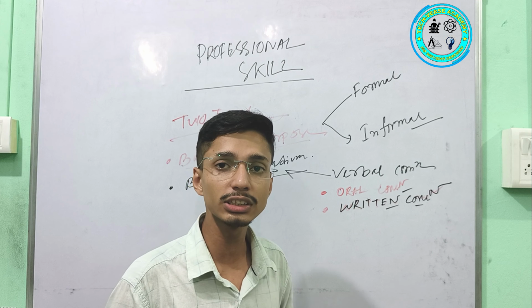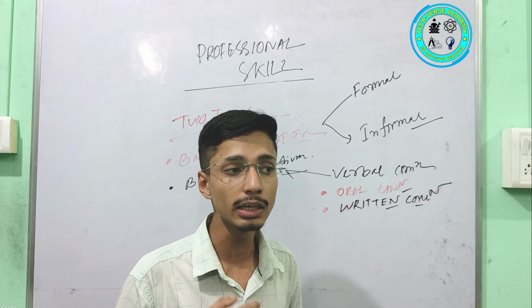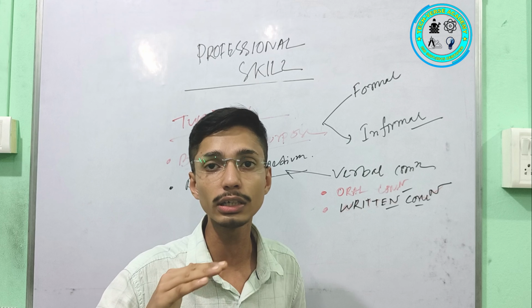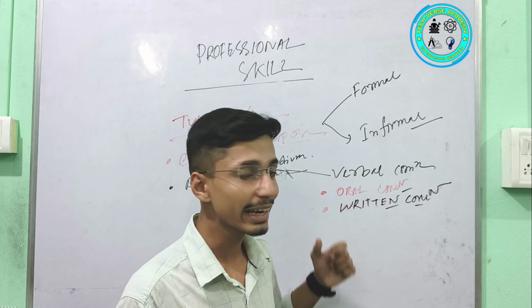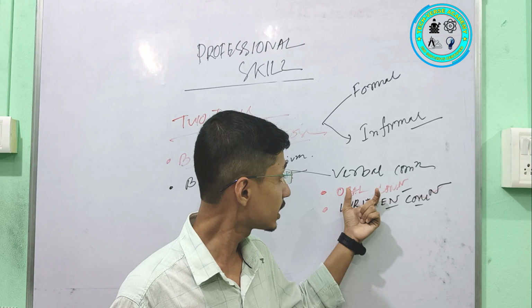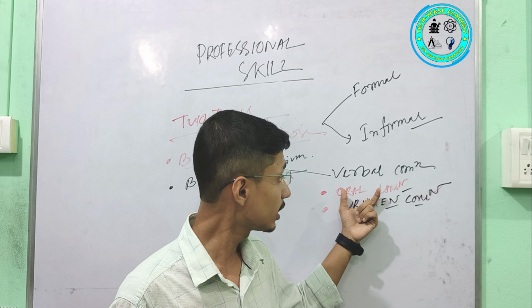But in oral communication, it's the fastest process because we can express our thoughts and emotions orally very fast. Secondly, in oral communication, we don't use any written manner. But in written communication, we can write on paper or in any other format for communication.